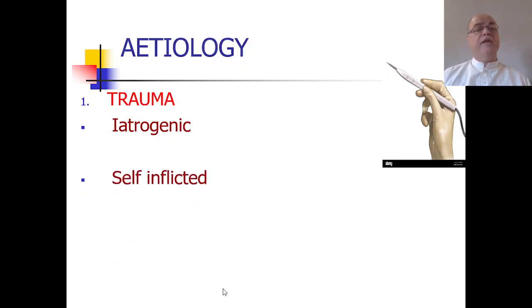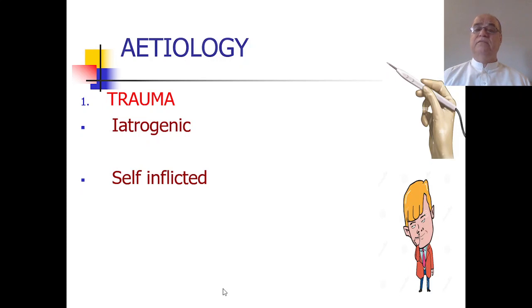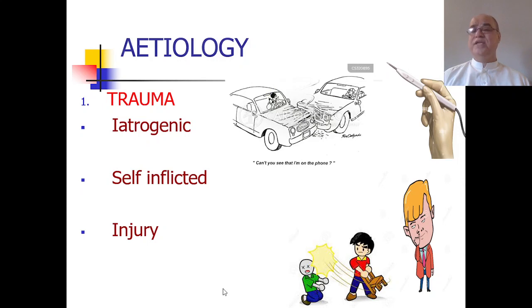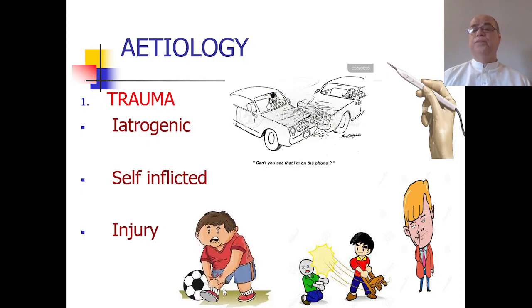Then trauma can be with nose picking, that is self-inflicted trauma, or there can be other injuries like assault, road traffic accidents, or sports injuries that can lead to compromising the blood supply of the cartilage and ultimately resulting in septal perforation.